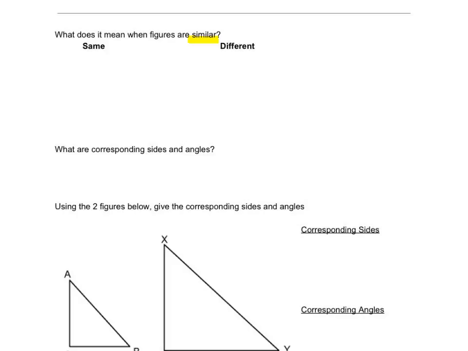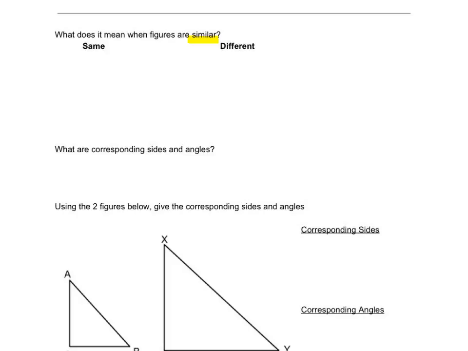In math, we have to be much more specific when talking about similar shapes or similar figures. We are going to start fairly basic for this first video, and we will add to our list of what it means when figures are similar as far as what would be the same and what would be different.